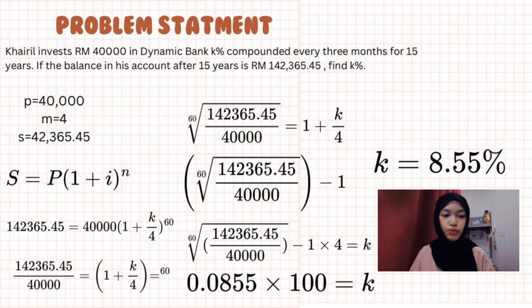So we need to solve this: 60 root bracket 142,365.45 per 40,000 close bracket minus 1 times 4 equals K. So when we calculate, we got the answer K equals 8.55%.